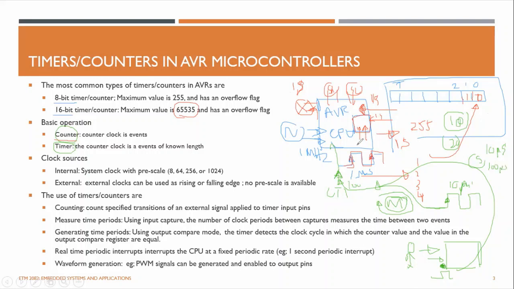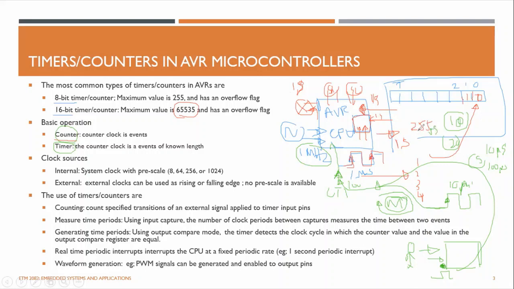Now this CPU clock might be too fast. You can count up to 255 microseconds if you use a 1 megahertz CPU clock frequency. Then your maximum will be 255 microseconds, but that is too small.